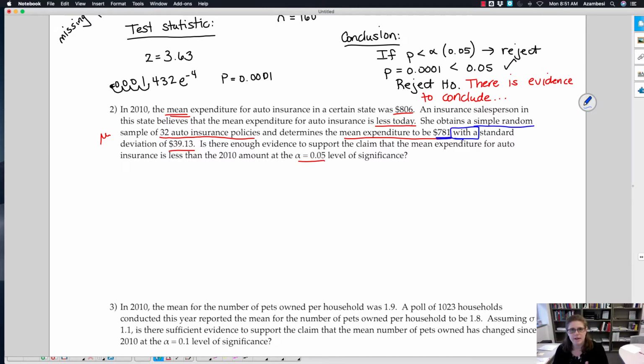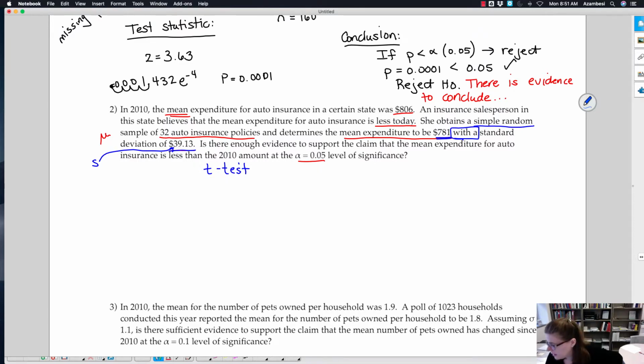So since that standard deviation is in the same sentence with the mean, it means that she calculated it along with her sample mean. That makes this standard deviation an S value. And if you have a sample standard deviation, then you're going to use a t-test. So here we're going to use a t-test.